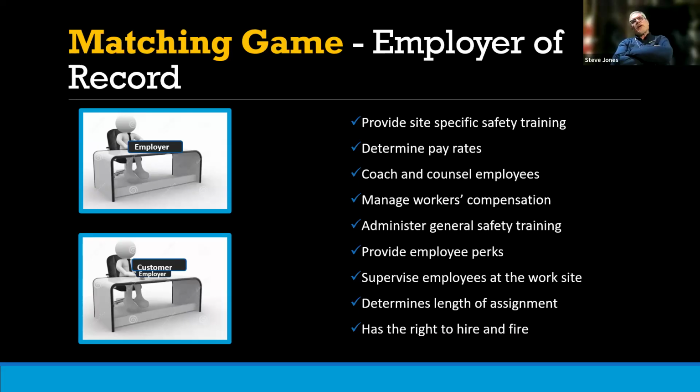Now, I say it that way because it's possible that a worker can have no employer, that they're a self-employed independent contractor, and neither the customer nor the THS is the employer. But when an employment relationship does exist, it is always with the THS.